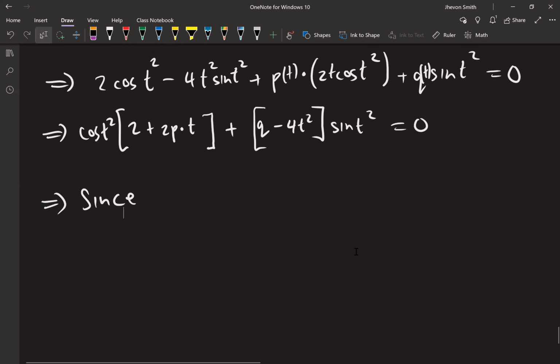I was going to say something first, but maybe I should plug that in first. So now at t equals 0, this means I would have this here would look like 2.